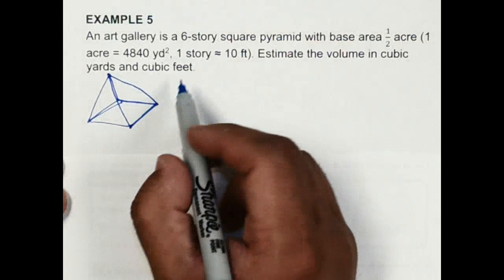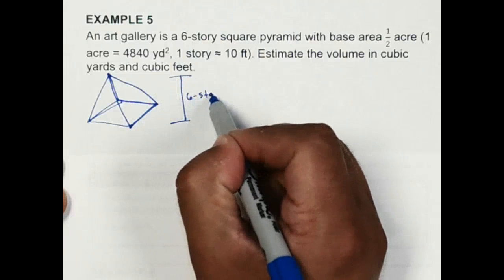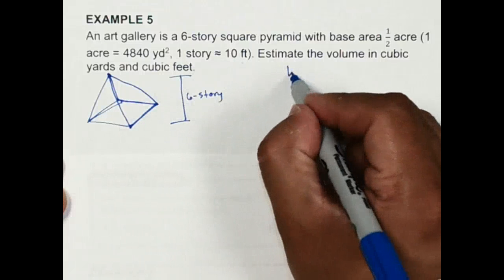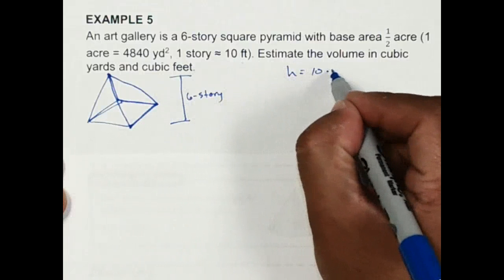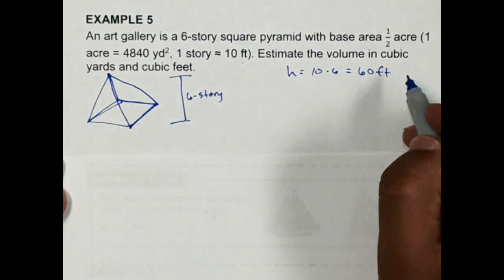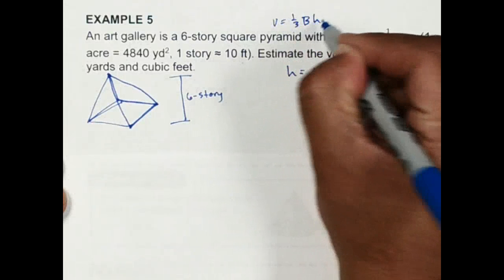All right, so it's 6 stories tall, and 1 story is 10 feet. So this gives me a height of 10 times 6, which is 60 feet. Remember that the volume is 1/3 the area of the base times the height.